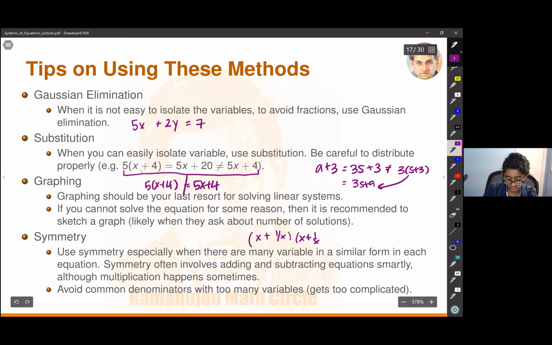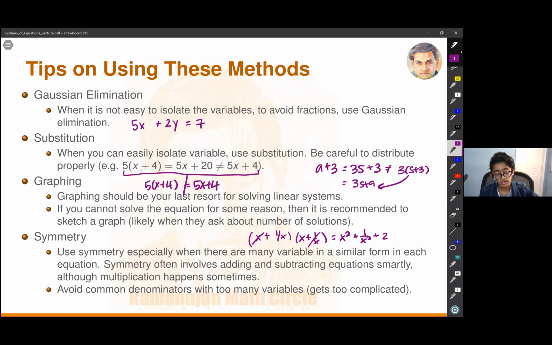You can often cancel out stuff, because you get x squared plus 1 over x squared plus, what is it, 2? Yeah. So these kinds of things are really useful. Sometimes you can use multiplication, so it's not the end of the world if you do multiplication.